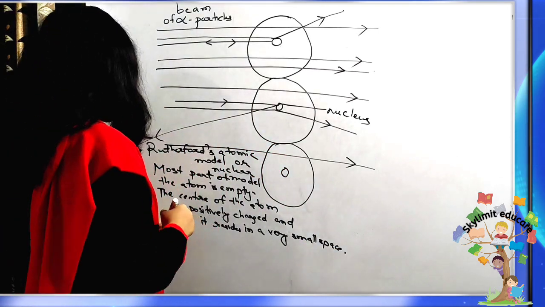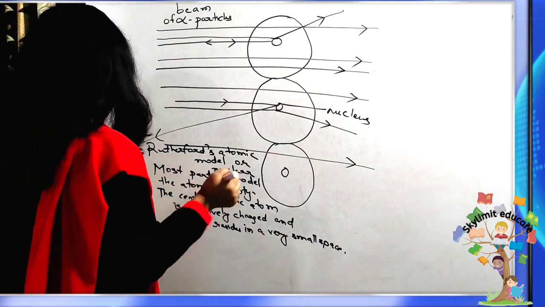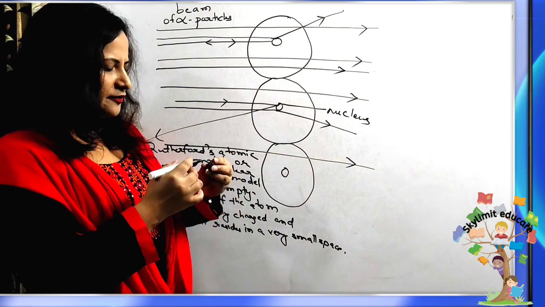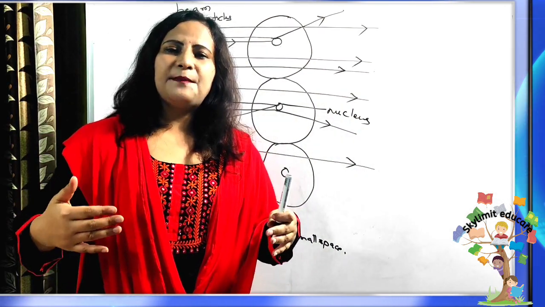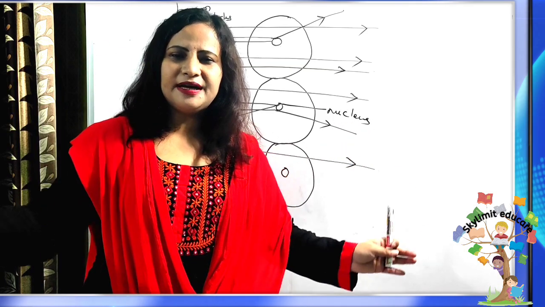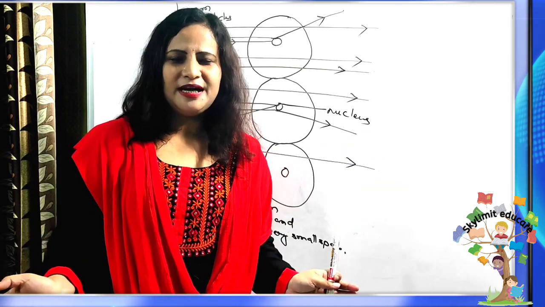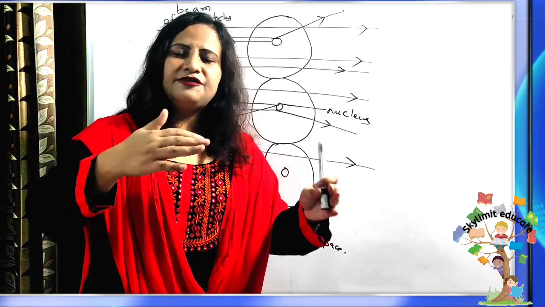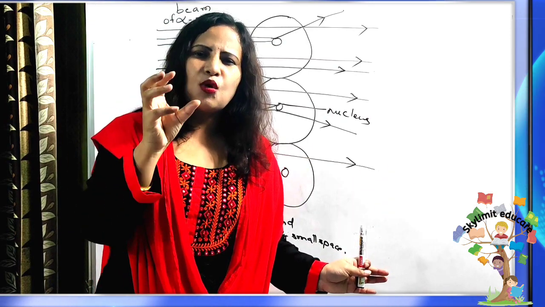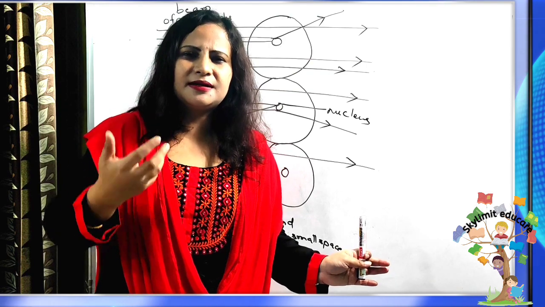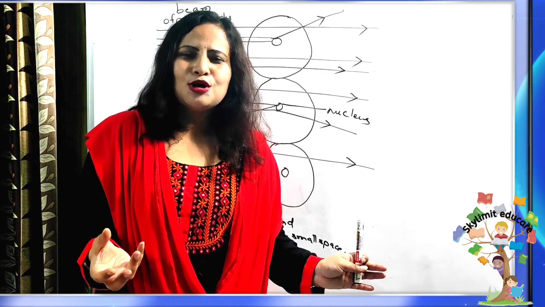One better example given in most books is that if we compare the atom with a cricket field or stadium, then the nucleus is just like the small ball with which the game of cricket is played. Yes or no? So you can just imagine.